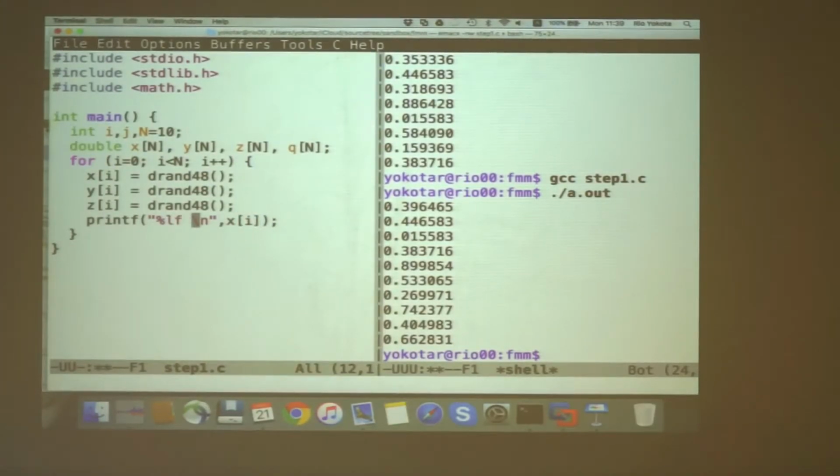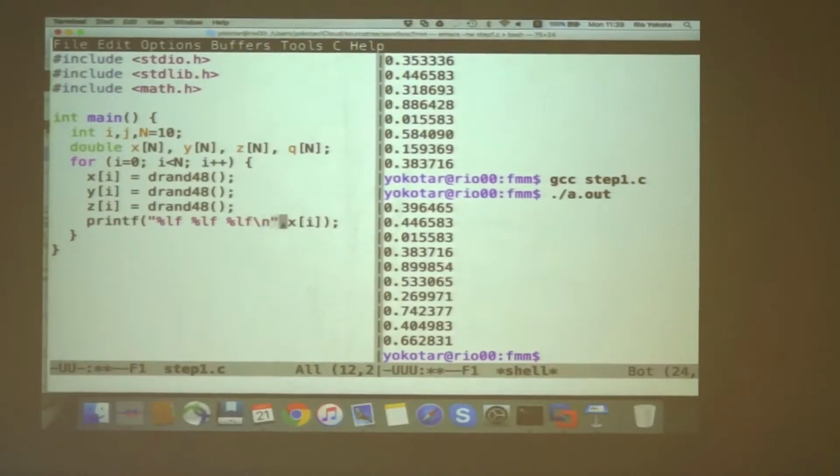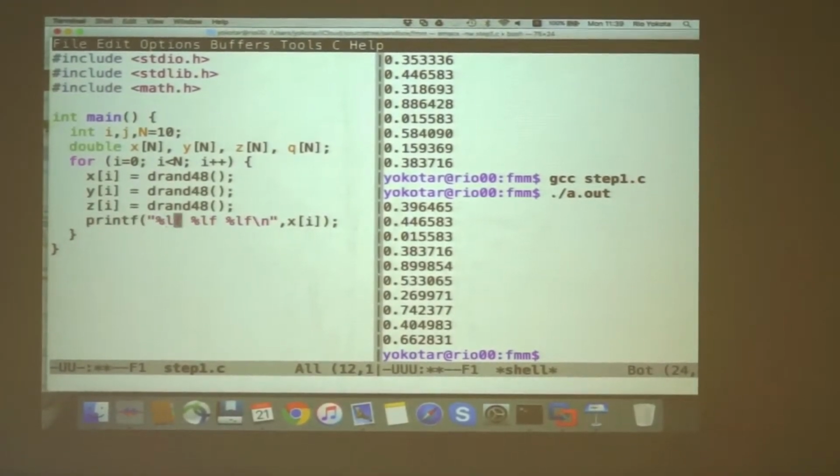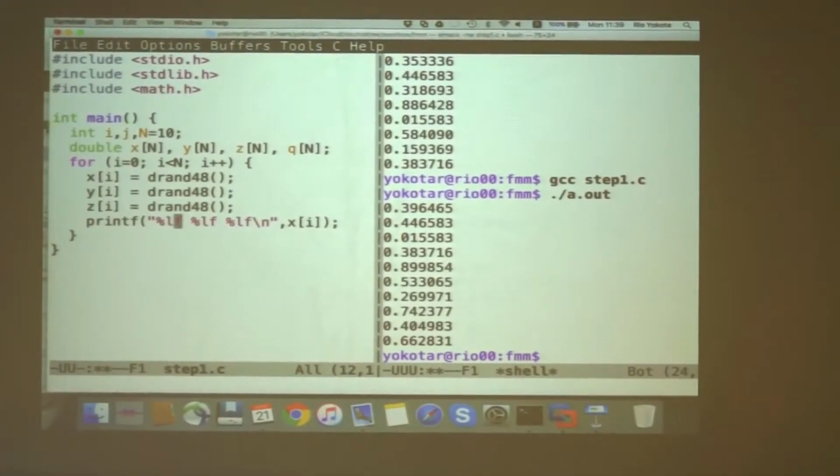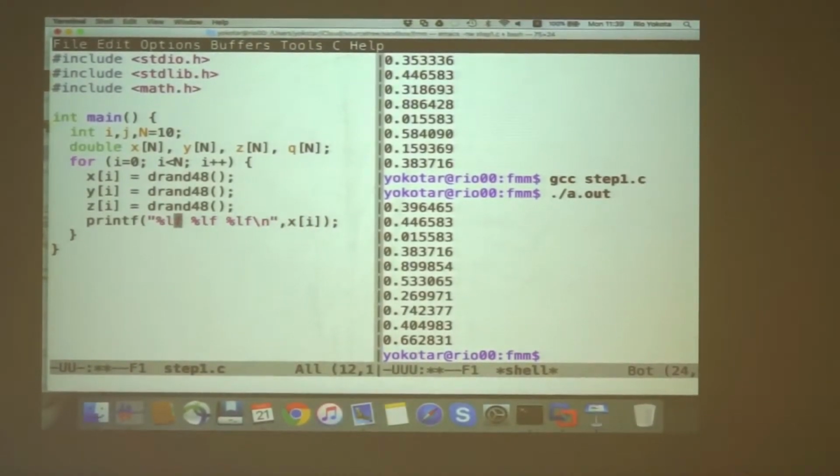Just to explain everything I'm doing, since people with different levels may not know certain things: this printf %lf means double. If I wanted to print a float, I'd do %f. If I want to print a double, I do %lf.